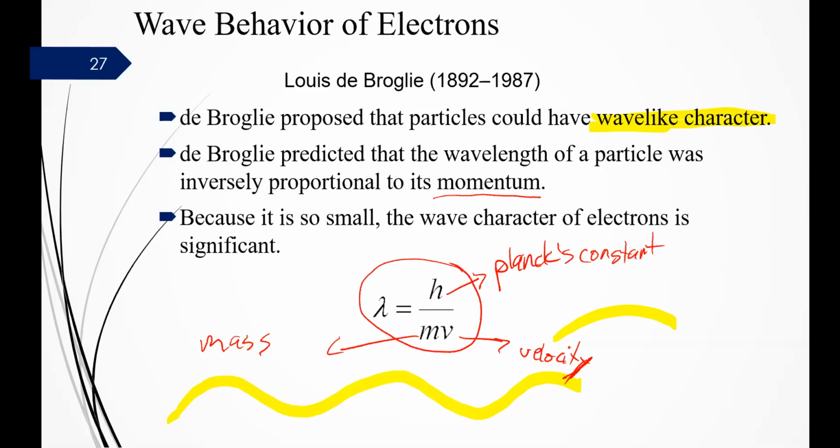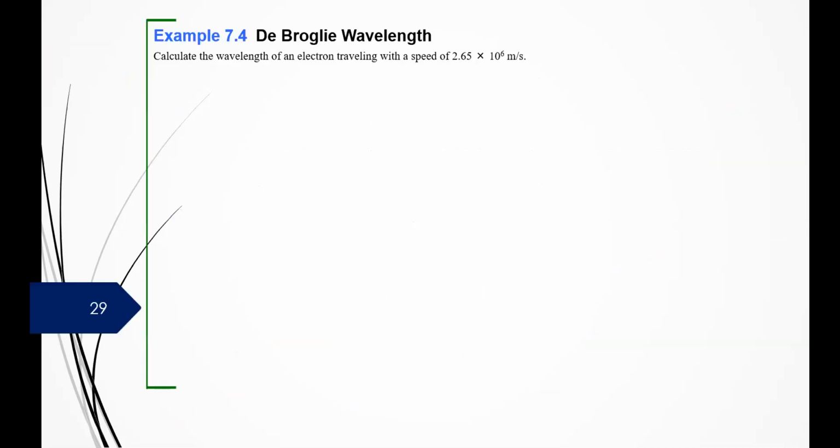So we can combine this in order to do a practice problem where we're going to look at an electron and what the wavelength would be for a certain velocity.